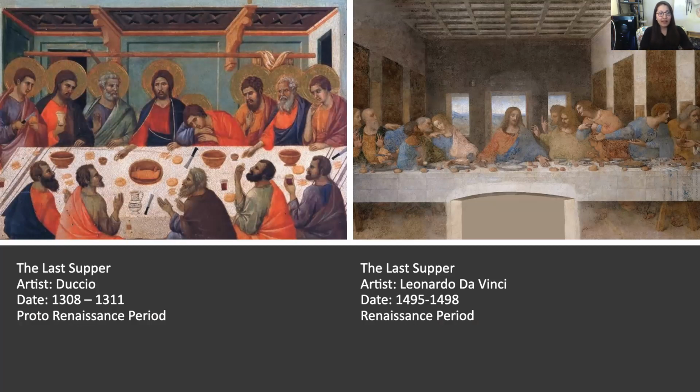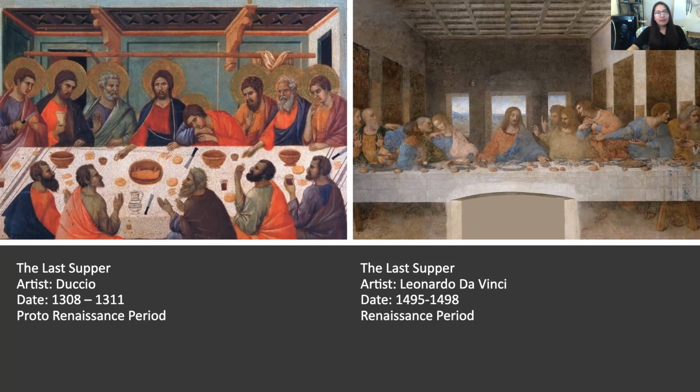But before that, I want to talk about Duccio's painting first. His painting is from the early 1300s, which is pre-Renaissance time. You can see Duccio's interest in creating a real space for the Last Supper, because if you look at the top of the room, you can see his attempt at creating depth in the room.